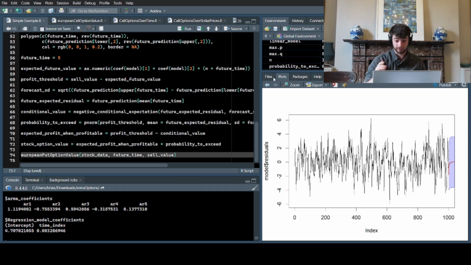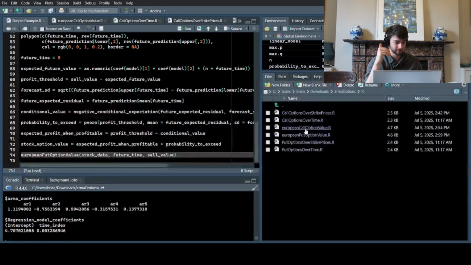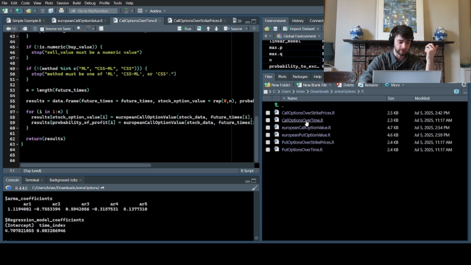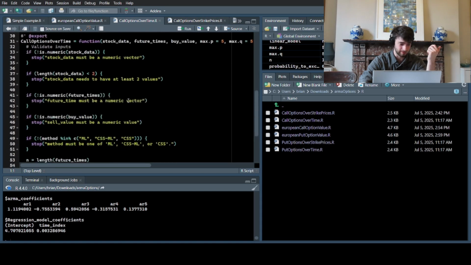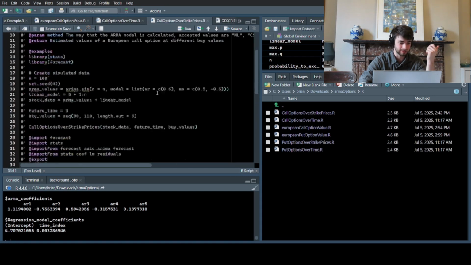So that's how the function works. That's basically what it does. And then I expand it to use call options. And I've expanded it to loop over multiple time periods and to loop over multiple strike prices. So it's quite a simple function, quite bare bones. Like this is one of them.